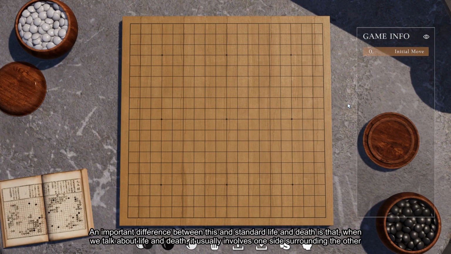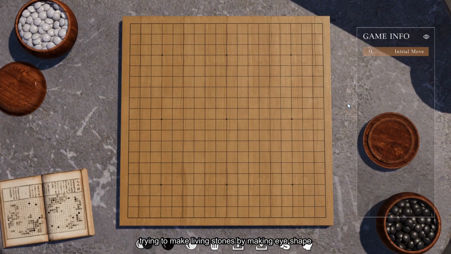An important difference between this and standard life and death is that when we talk about life and death, it usually involves one side surrounding the other, trying to make living stones by making eye shape, or capturing the opponent by destroying their eye shape.